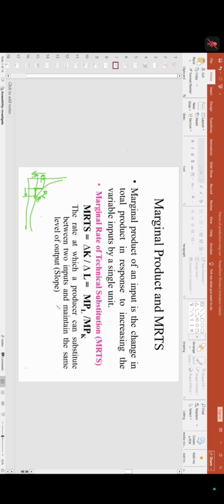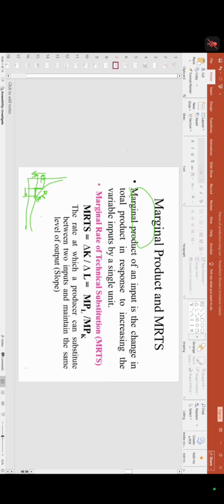Okay, so this basically helps you to determine the optimal input level, or the optimal usage of the variables or inputs that you are having. Here you have to have a good understanding about marginal product of an input.